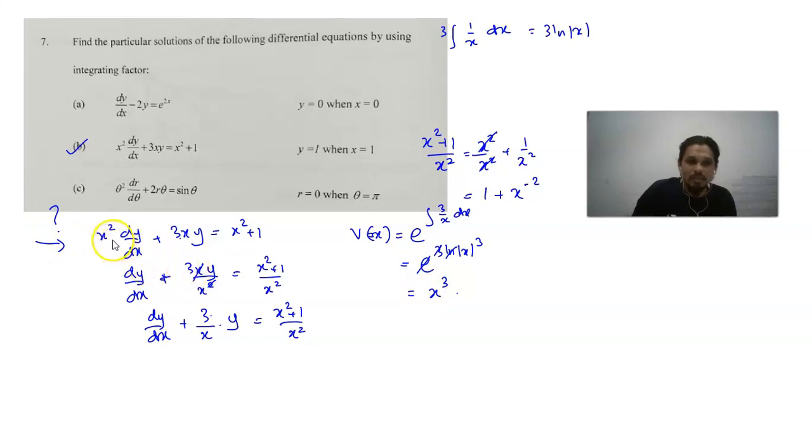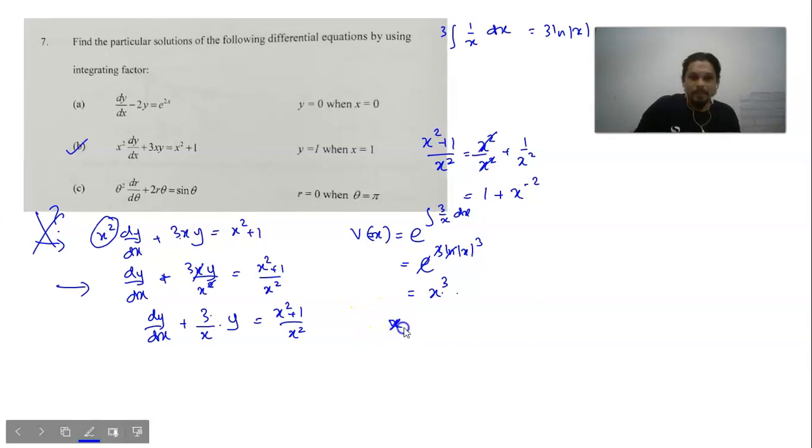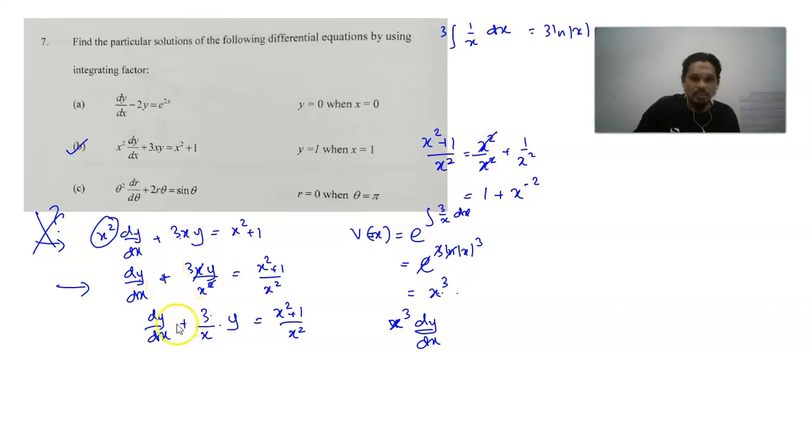Okay, so x cubed. Are we going to multiply it with this equation? No, because the coefficient of dy/dx is not 1, it is x squared, so it's not that one. We are going to multiply it with this one here, the simplest one.